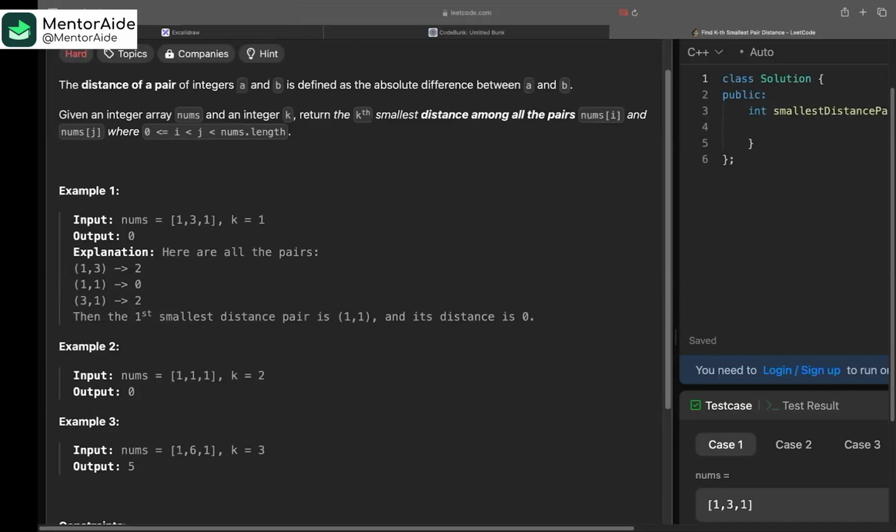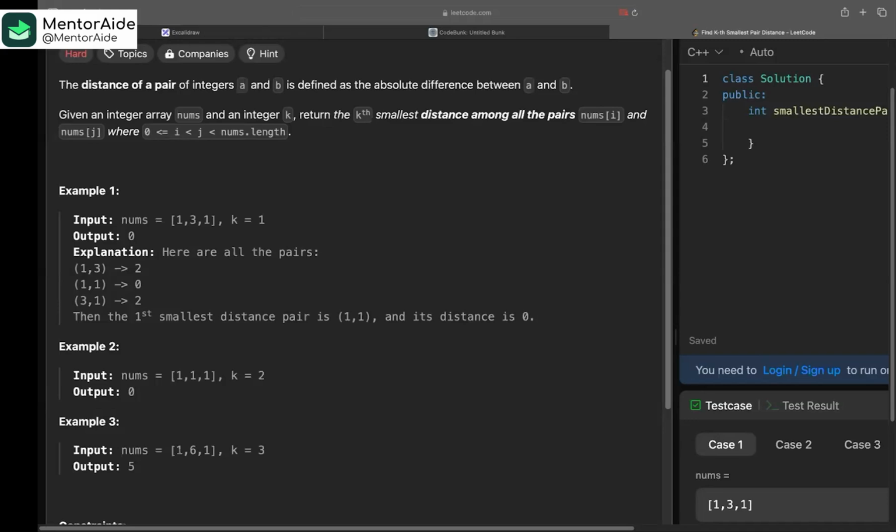So what you are going to do is find the mid, then find out how many pairs there are with that distance apart. How many pairs have a distance lesser than that, or greater than that, whatever you want to calculate, it can be done both ways.